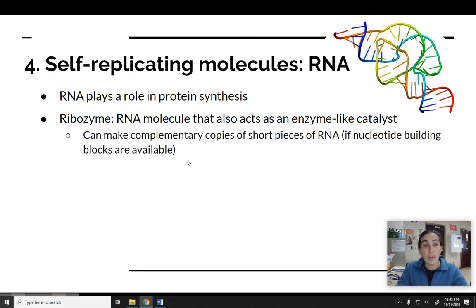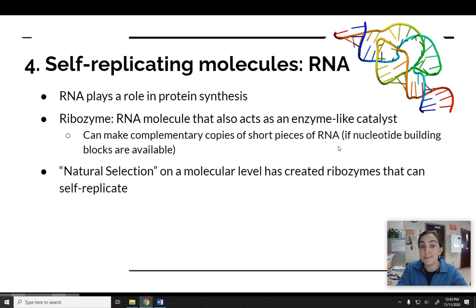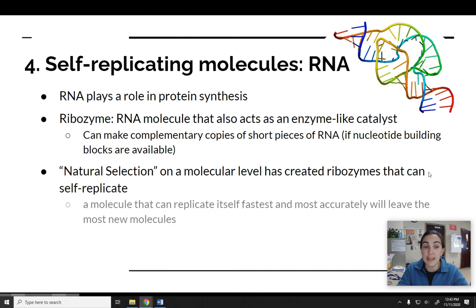So the reason these are important is that a ribozyme is a molecule that's able to make copies of parts of the RNA, of itself. It can make copies of its own instruction book. And so if these molecules were put together, these first early types of RNA that were able to make copies of themselves and could carry the information for how to make proteins, then the process of natural selection can start on a molecular level right there.